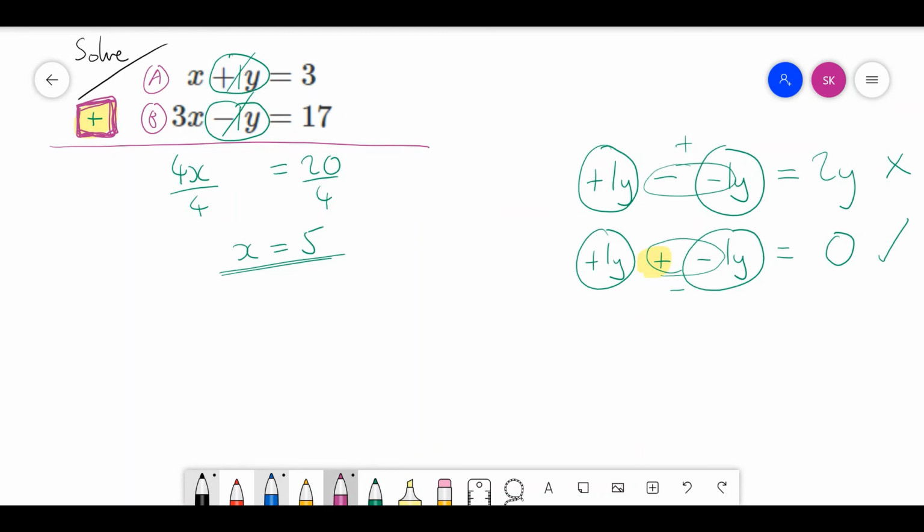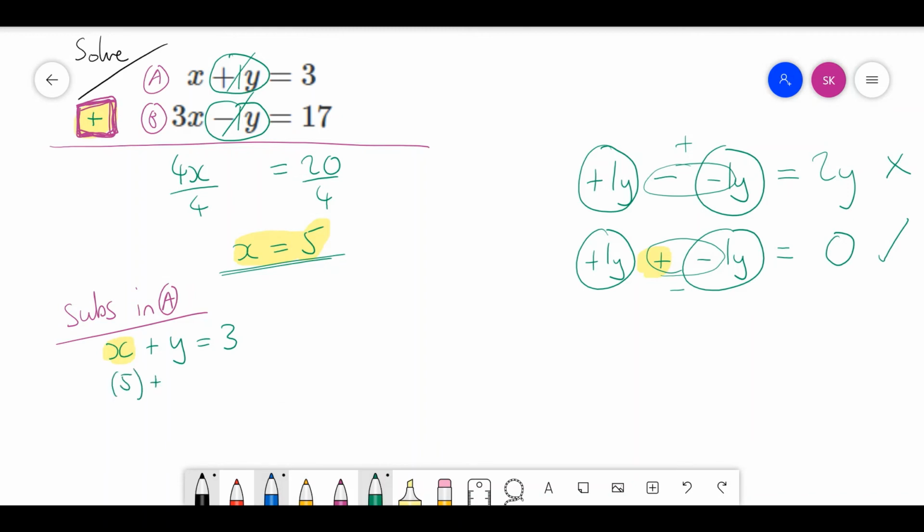But I'm not yet finished. I now need to find what y is. So I'm hoping, like me, you picked subs in A. A is much easier than B because it's all positive and there's only one x and one y. So I write out equation A, but I substitute my value of x that I figured out in place of x.